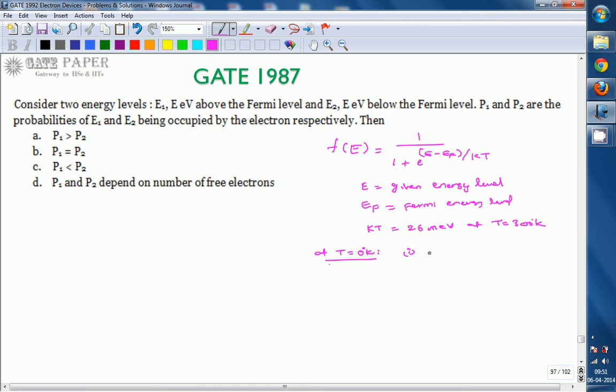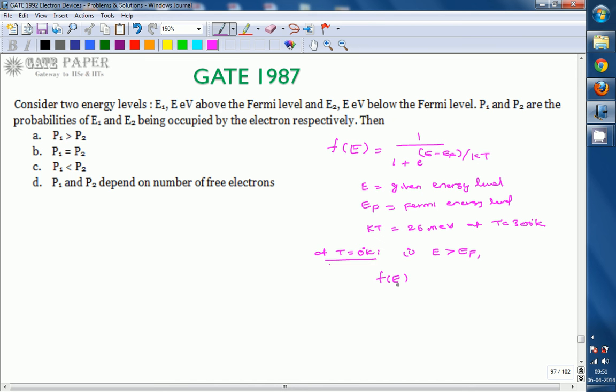First case, if E is greater than EF, what will be f of E? f of E is the Fermi-Dirac function which specifies the probability with which the given energy level E is occupied by electrons.